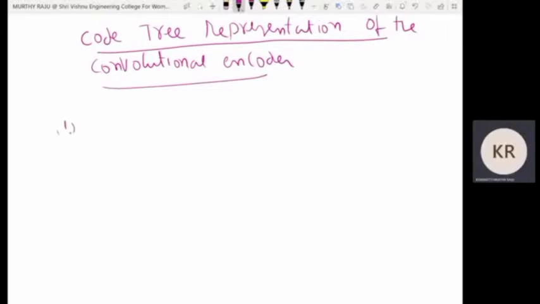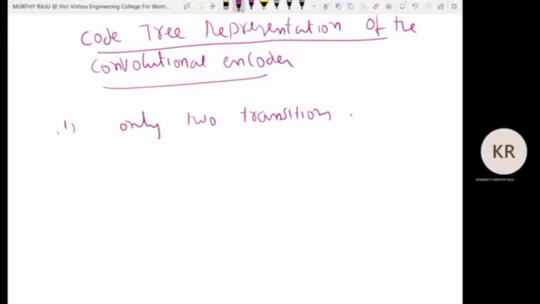First one: only two transitions initiating from a state.